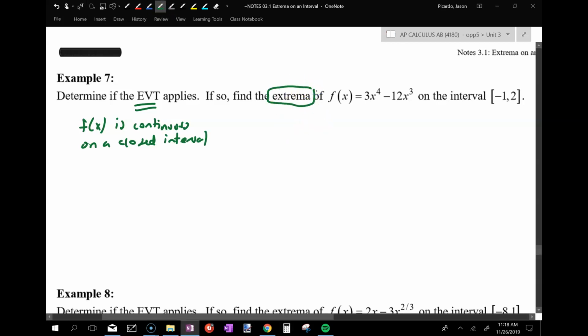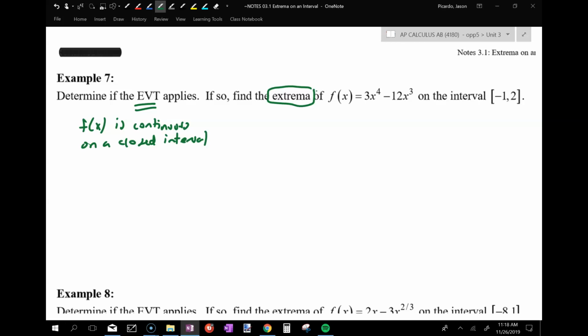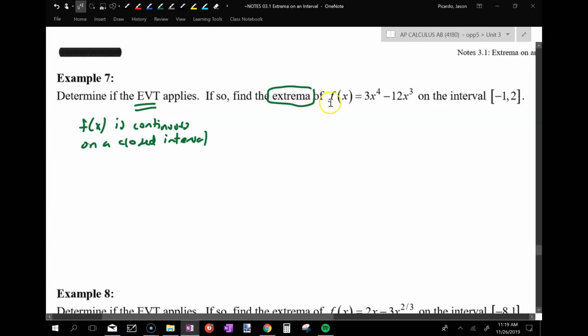Now it says, if so, find the extrema. And what did we say about extrema? We said extrema can occur when derivatives equal 0, derivatives do not exist, or at the endpoints, right? So those are my possible extrema. Well, I have 2 values, and wouldn't these 2 values be where the endpoints are going to happen?